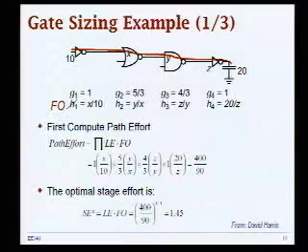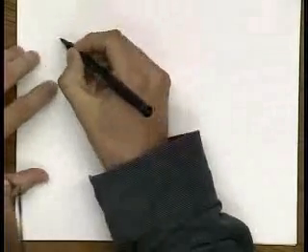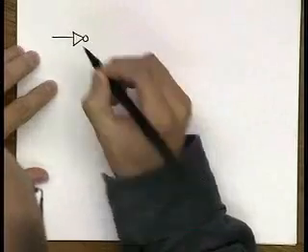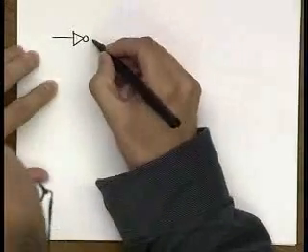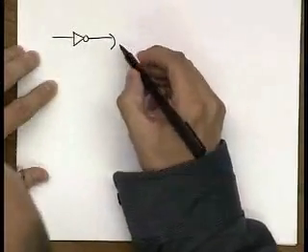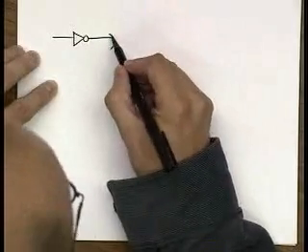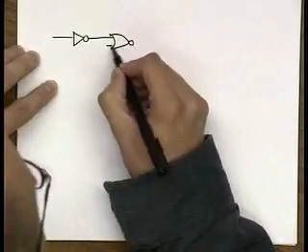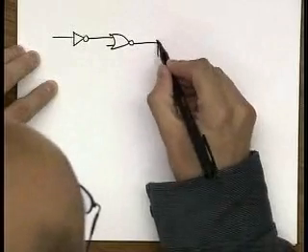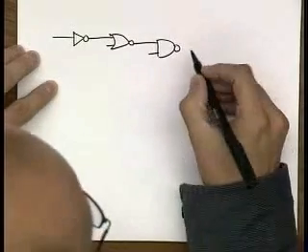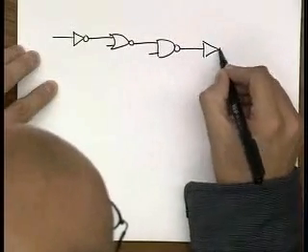So now let's do one example. Let me go over to the overhead camera here. Let's assume that we have a path with different gates along the path. So we have an inverter, then we have an OR, and then we have an AND, and then we finally have another inverter over here.